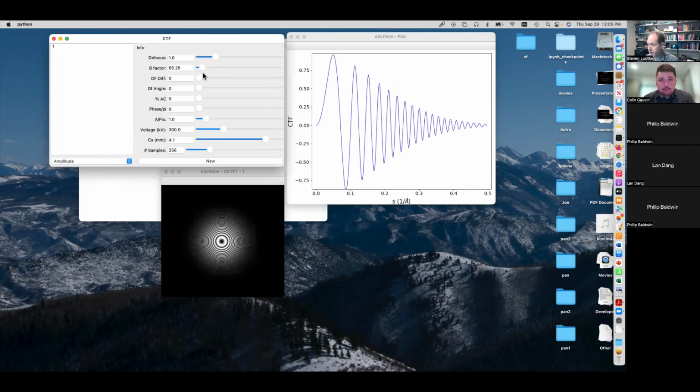And the term B factor, of course, comes from X-ray crystallography, where B factors are used to describe how the individual atoms in the molecules are vibrating, and they may be vibrating a lot or they may be vibrating a little. But if they're vibrating a lot, then you can't determine their position as precisely.